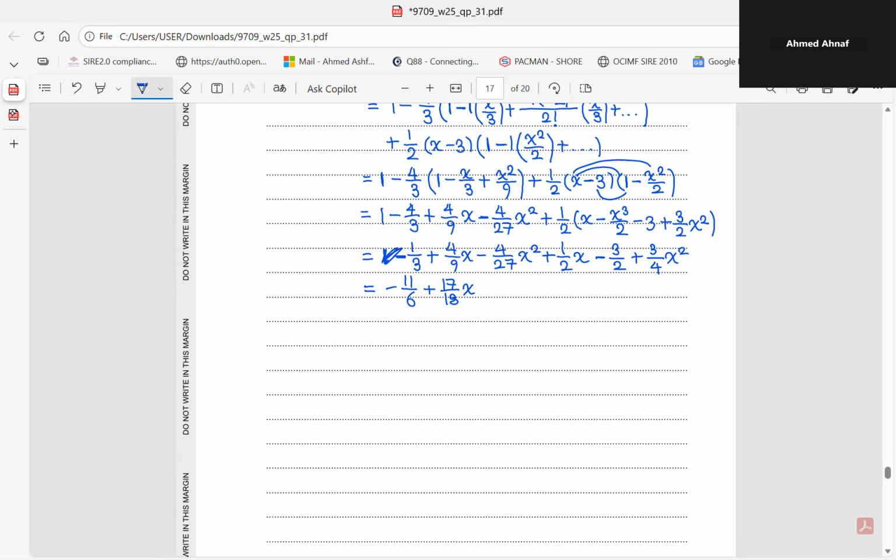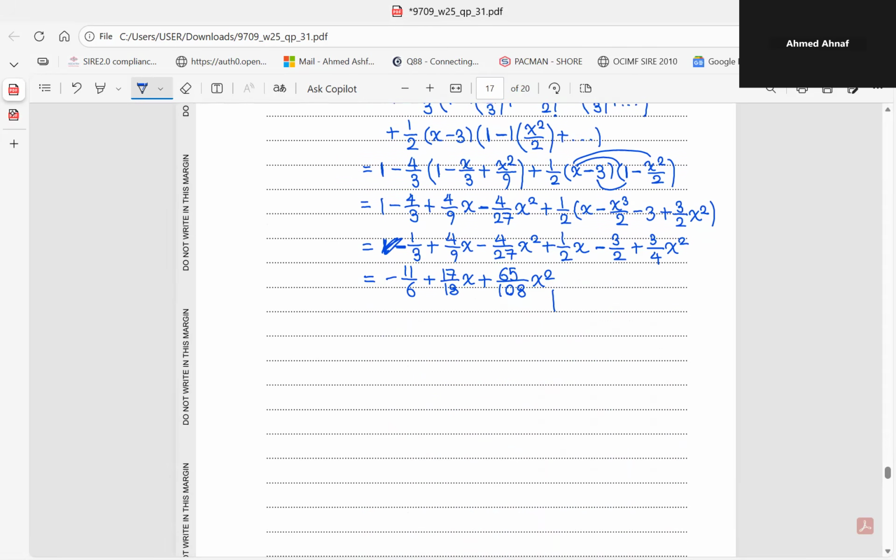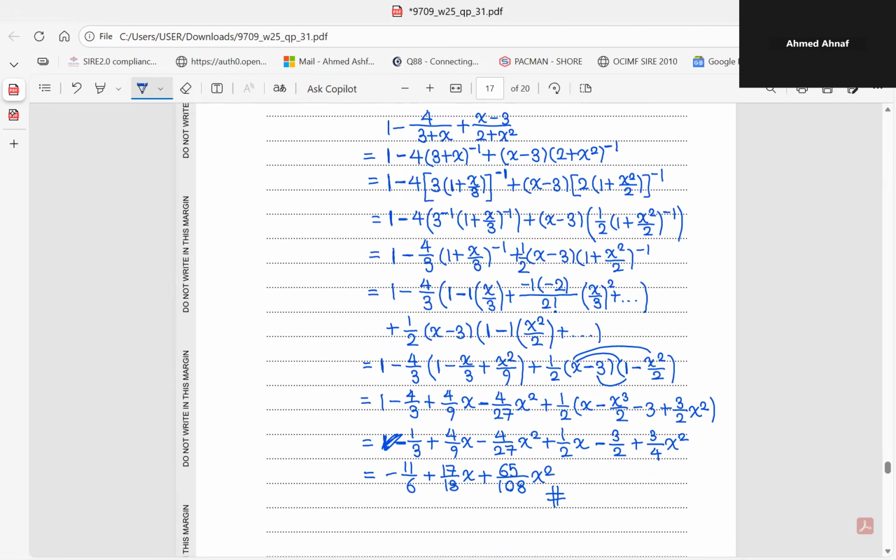And for the x squared terms, you get minus 4/27 x squared plus 3/4 x squared, you get plus 65/108 x squared. So this would be our final answer for this question.